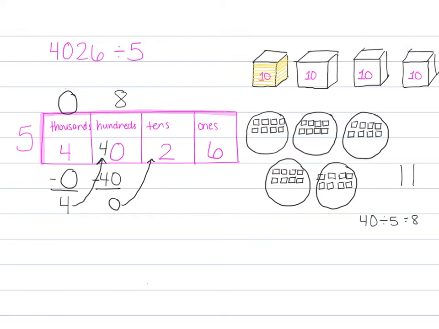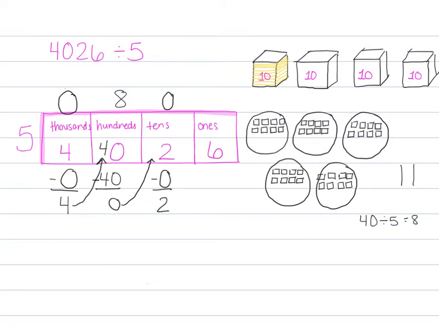So again, we're going to have 0 because it didn't work. What is 0 times 5? 0. 2 minus 0 means that we still have 2 tens left.